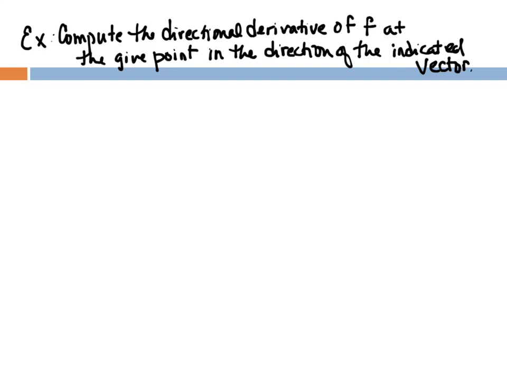So in other words, we're given a point, we're given a function, we're given a vector, and we're going to calculate the directional derivative. So our first function we're going to deal with is not terribly complicated, but it's also not a polynomial.